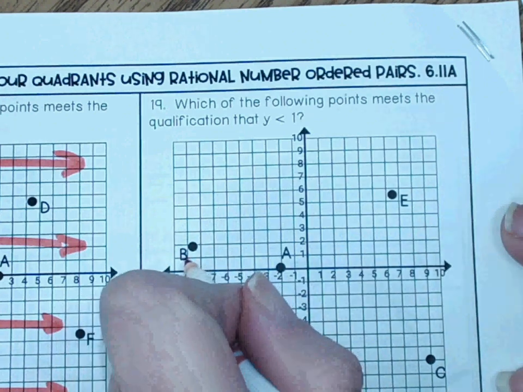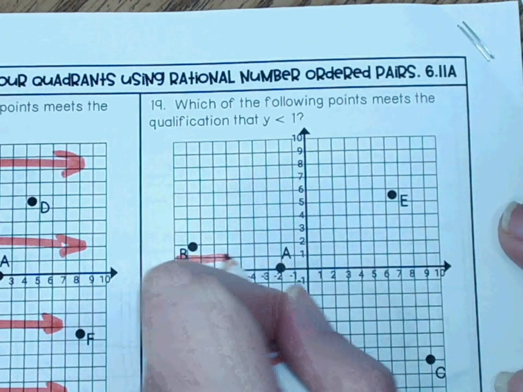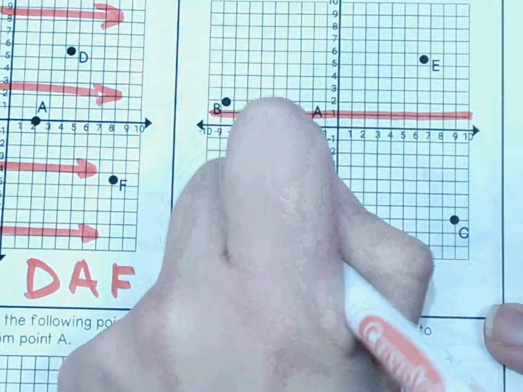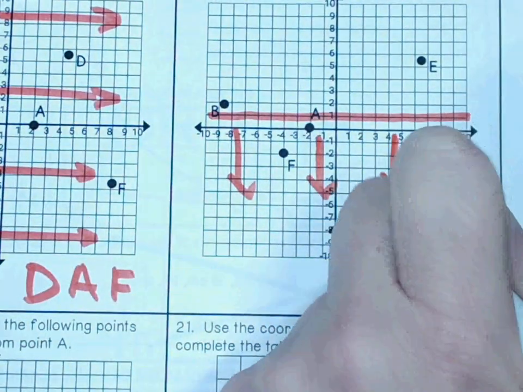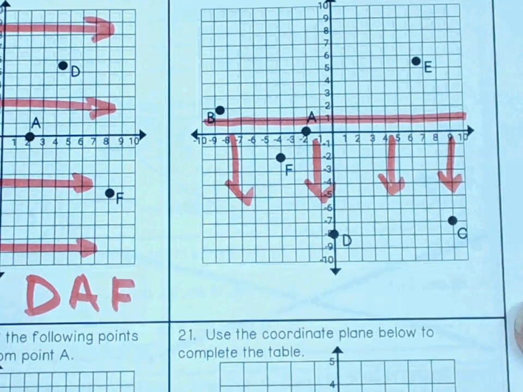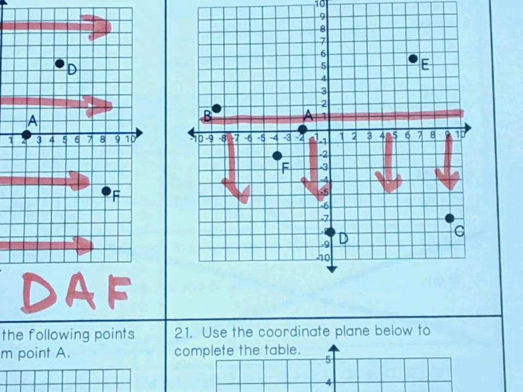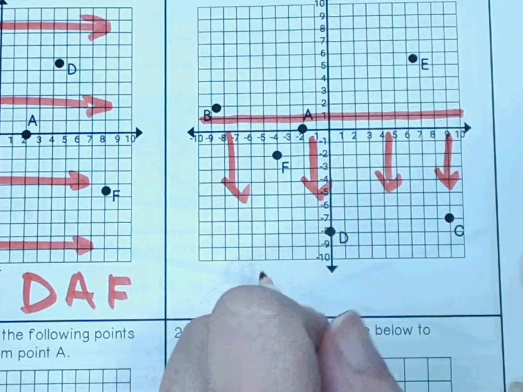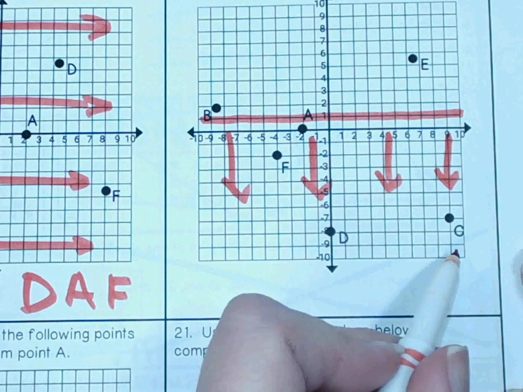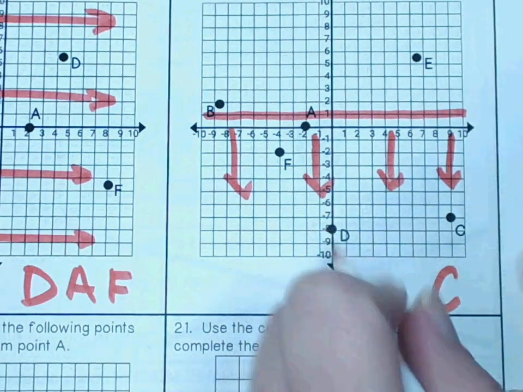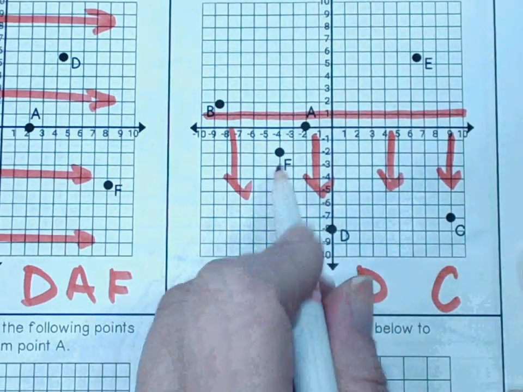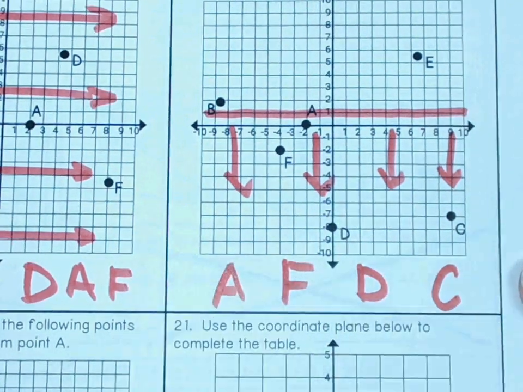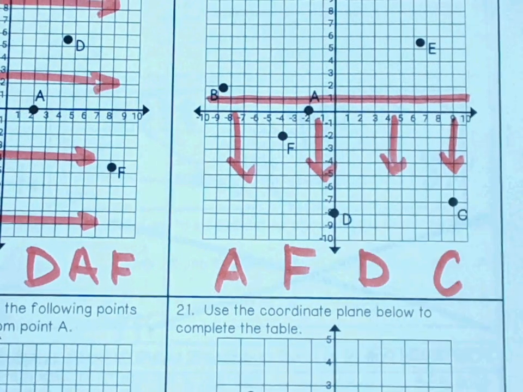So that means I'm going to look at my y values as being 1, and I want the values that are going to be less than. So what points are less than y value of 1? I thought that was G as well. I actually wrote that to begin with. It's C, D, F, and there's one more. A, you saw it. Good job. Because I kind of wrote the line through it, so it's hard to see.